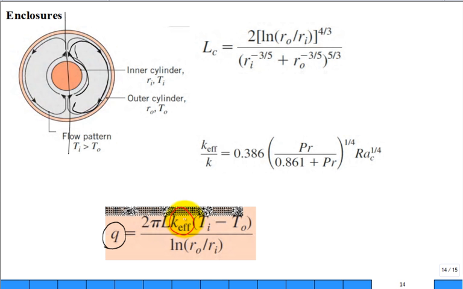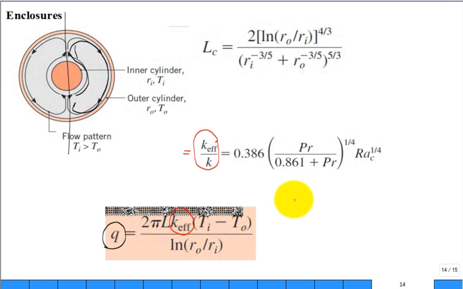So we have the effective conductivity divided by the thermal conductivity of the stagnant fluid. That'll give us some ratio. Maybe this is 2, meaning it's as if the conductivity has been doubled. That's the effect of the convection. Or maybe it's 4, maybe it's 6, whatever this ratio is.